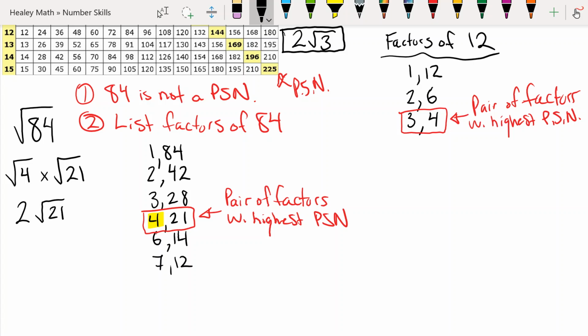Next, we can do the same. We look for what are factors of 21. We know factors of 21 are only 1 and 21, 3 and 7.